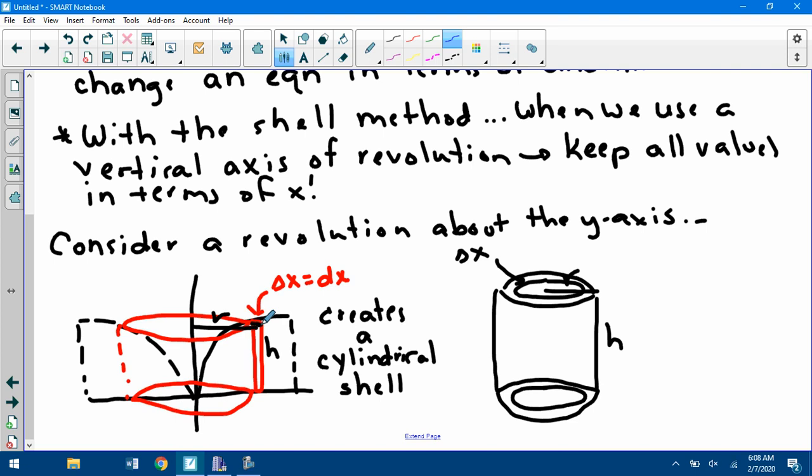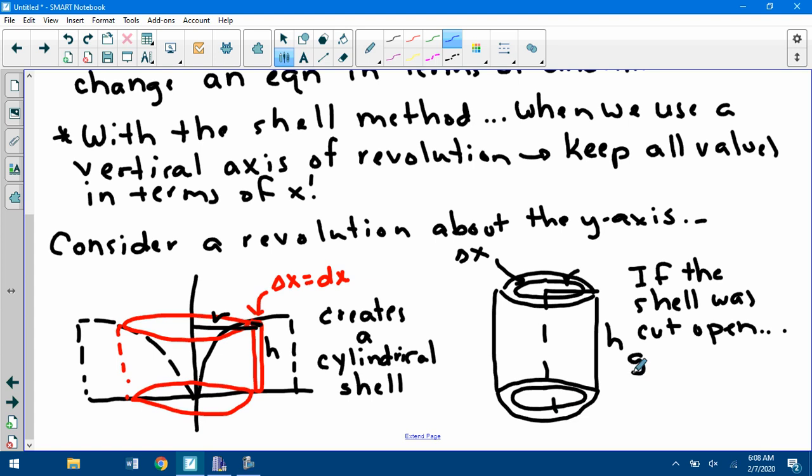So if the shell was cut open, what shape would you get? Well, if you picture cutting a soup can in half right here and stretching it out, you'd get a rectangular prism. I could cut a cylinder down the middle, stretch it out, and get a rectangle shape, but since there's also that little bit of thickness to it, that's what causes the rectangular prism.